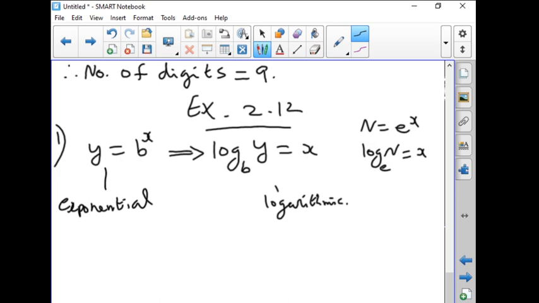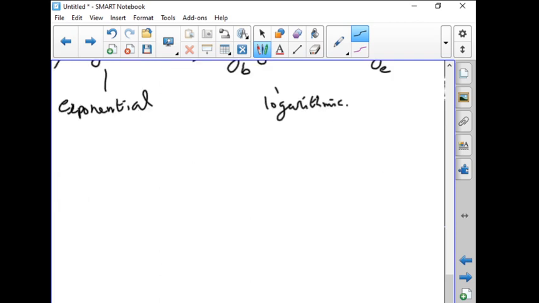Okay. So what else is asked? Also state the domain and range of the logarithmic function. Okay, what is the domain? Domain of the exponential function, in the beginning of the exercise I explained to you. What is the domain?